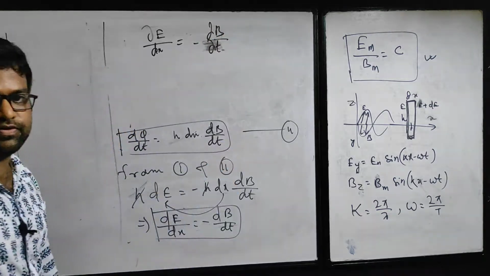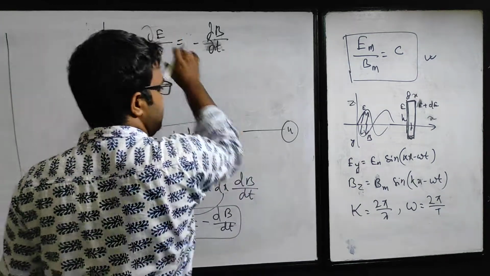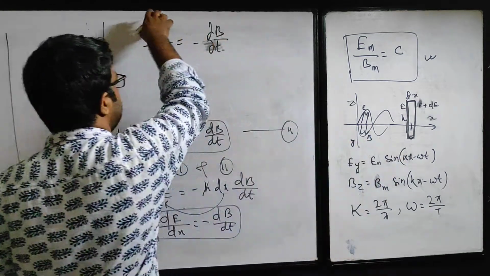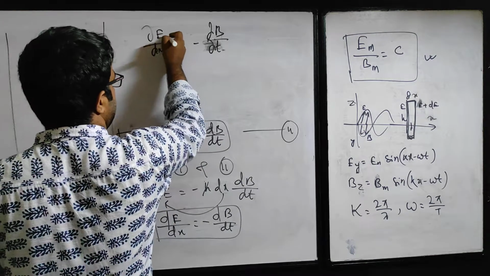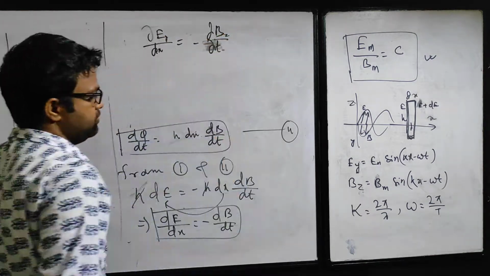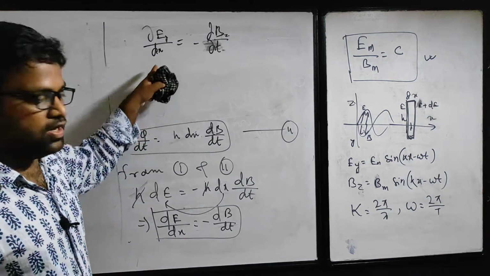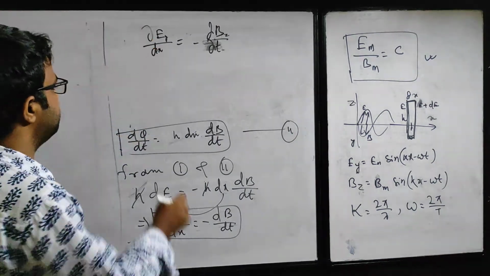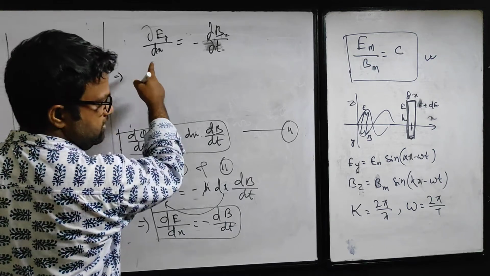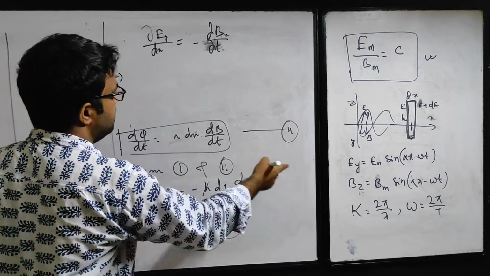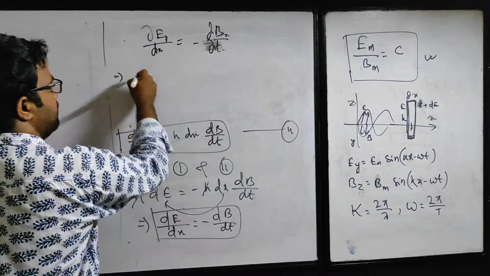This is the partial differentiation, and the E and B we will bring here and put in. Basically this is EY and BZ we are doing. So EY, if we put, this will be EM.